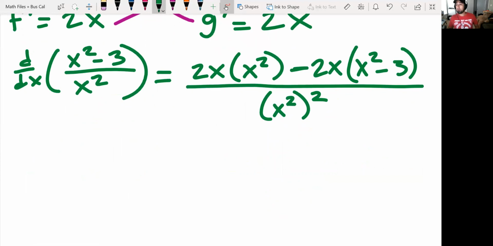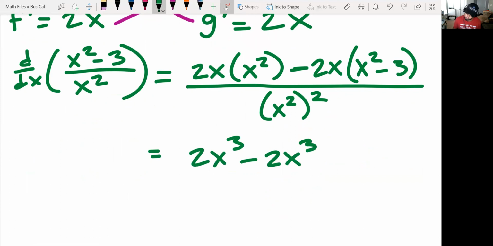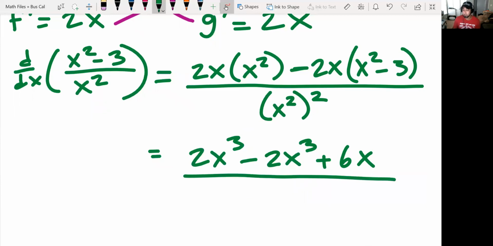All right, calculus is done. Clean it up. 2x cubed minus 2x cubed plus 6x. Yep, 2x cubed minus 2x cubed plus 6x all over, and x squared squared means x to the fourth.